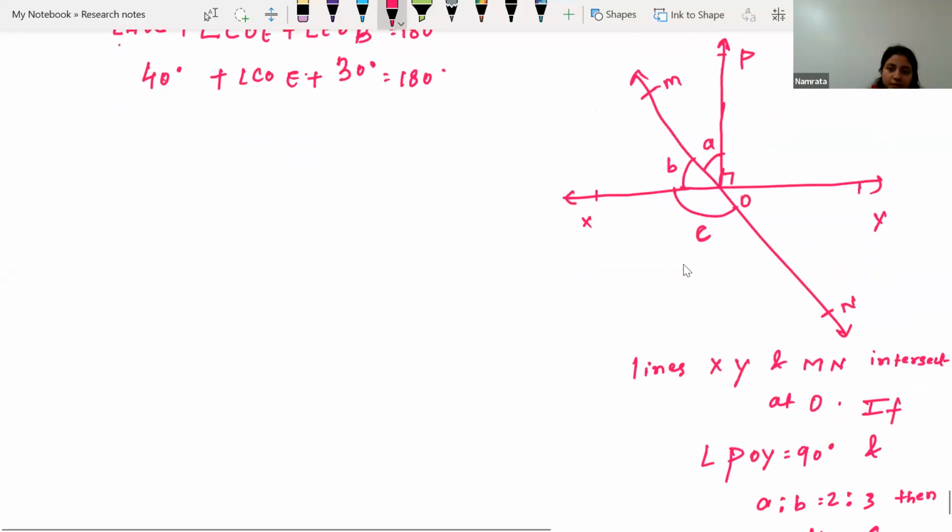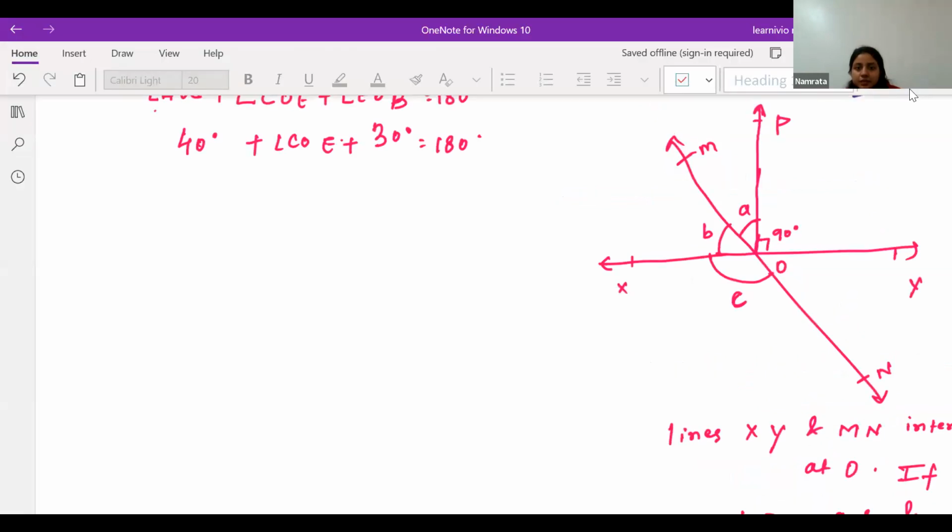How to find C? This is 90 given over here. What to do over here? Think about it.